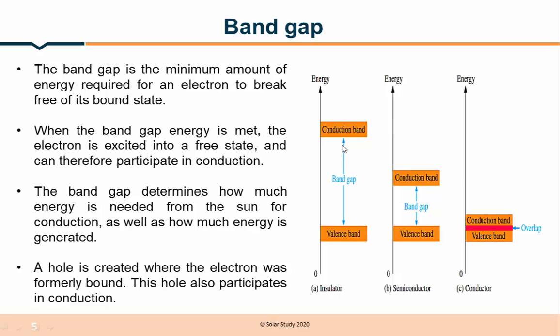And from the band gap we can know how much energy is required from the sun for conduction. In the semiconductor material we can predict how much radiation is coming from the sun and how much is actually required.